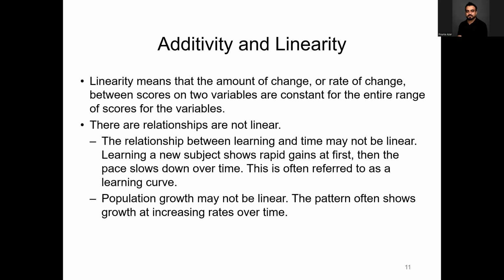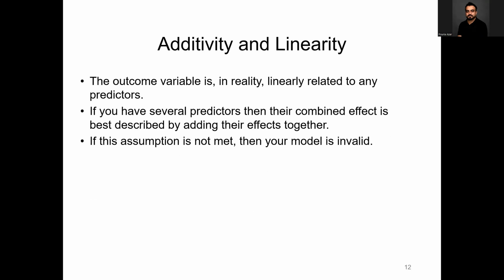If I graph the association between learning and time, I would not see a straight line. Instead, I would see a learning curve, a curved graph. So that was about linearity.